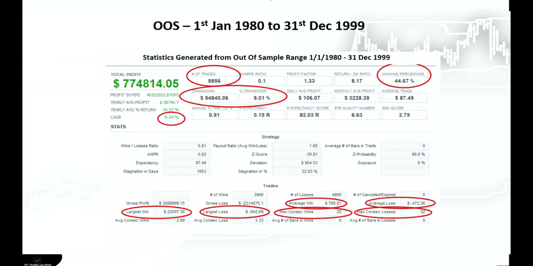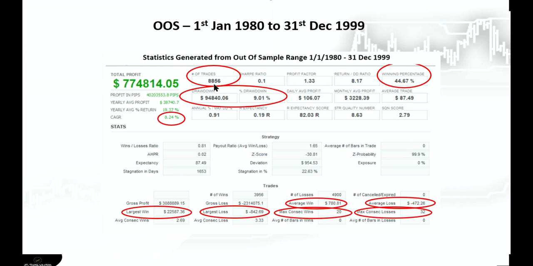As a final cross-check regarding assessing the performance of our portfolio that has been generated through our workflow process, we can look at the important statistics derived from the out-of-sample portions of the backtest. Firstly, let's look at the sample size. In this case, for this out-of-sample period between 1st of January 1980 to the 31st of December 1999, the sample size was 8,856.